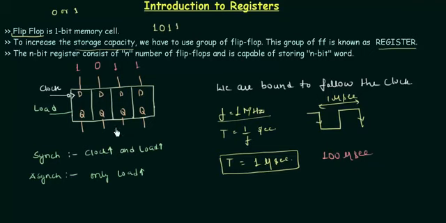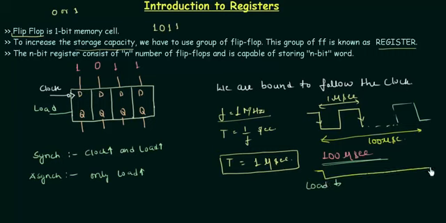So what I will do, if I want to store a particular data 1011 for 100 microsecond, I'm going to make this load low for 100 microsecond. Like this is the clock, and let's say this time is 100 microsecond. So I will make my load low for this 100 microsecond. This is my load and it is low for the 100 microsecond, and there will be no change in the register. The value stored is not going to change.